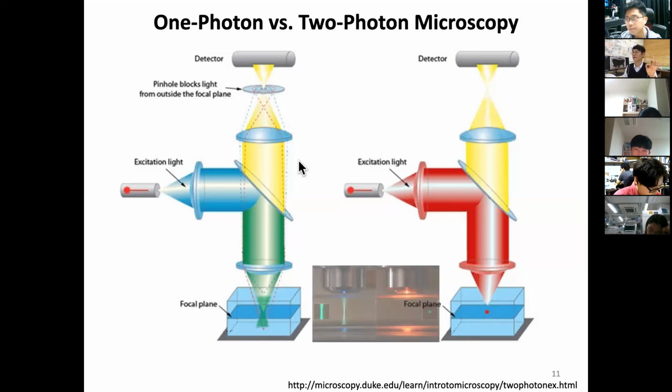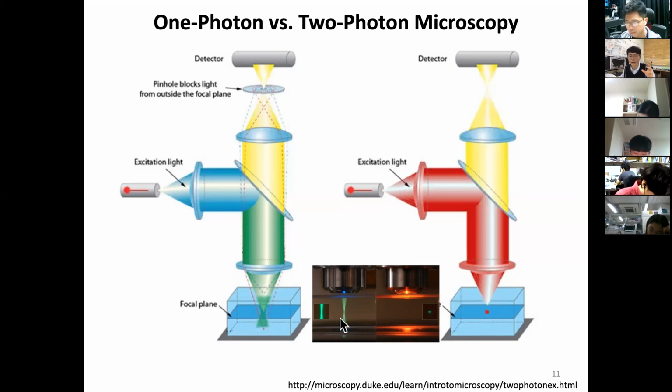All right, so I want to show you a real picture. This is a sea of fluorophore. Whenever the excitation light goes in, you see the light path. This is confocal. You see this kind of wine glass shape because this is the path. And you notice fluorescence happens not only at the focus, but above and below.